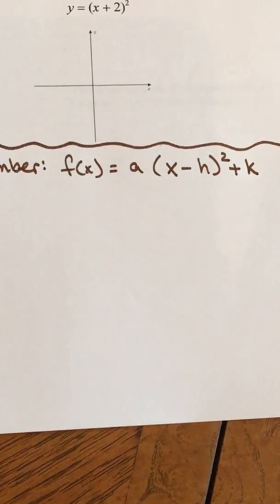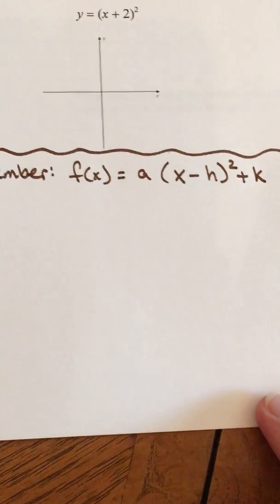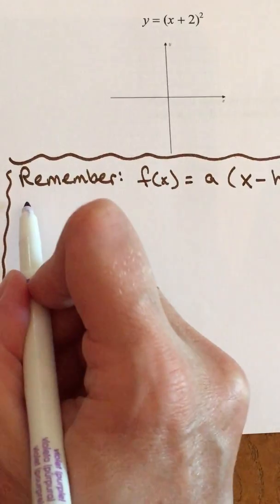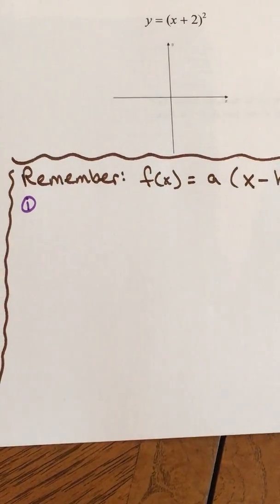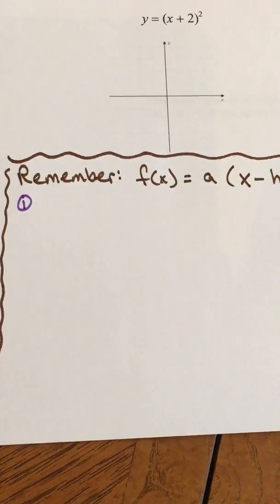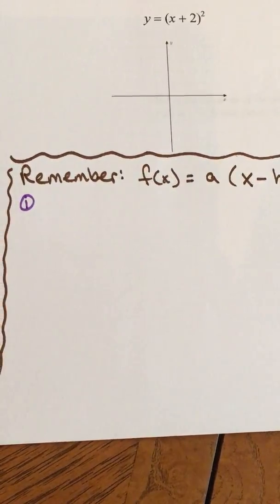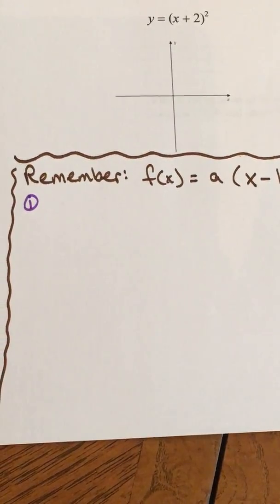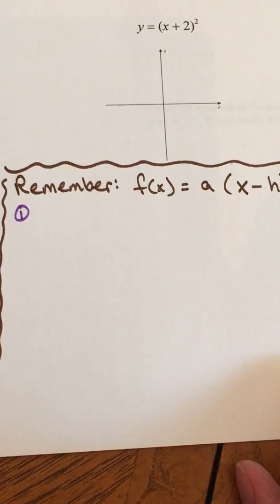We just have to remember those two rules. The first rule: if something in the equation happens outside of the parentheses, then this is going to be a vertical change and it will go in the direction of the sign. So let's write that and then we'll discuss it.